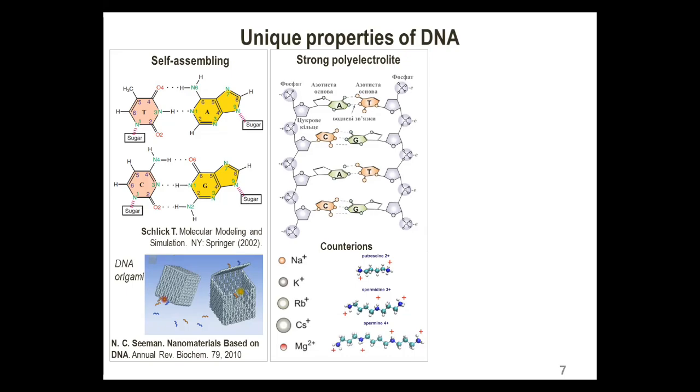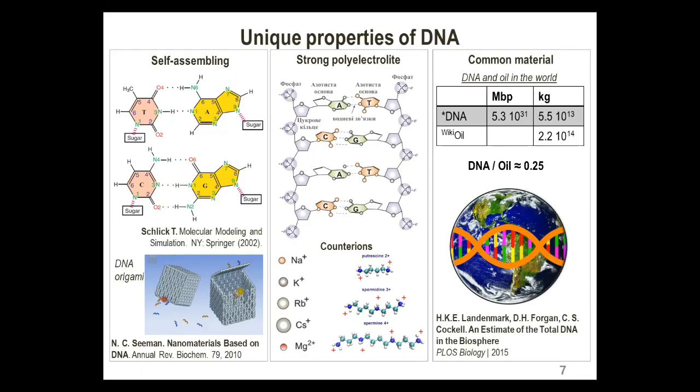And usually this is metals. It may be some metals like sodium, potassium, but also other different metals which we can add to solution. And the last feature of DNA that I would like to highlight is that DNA is common in the world. And it is very interesting that there is an estimation of the amount of DNA.